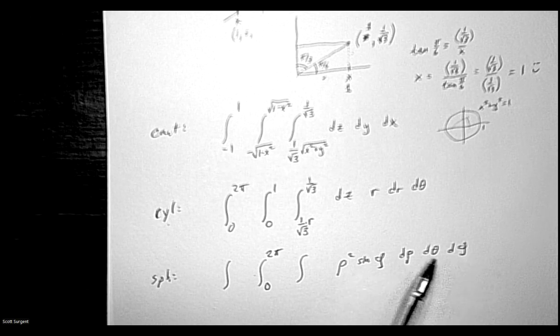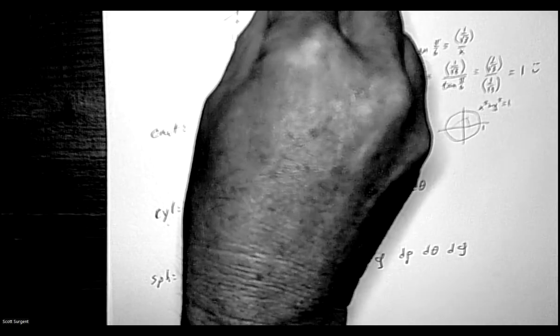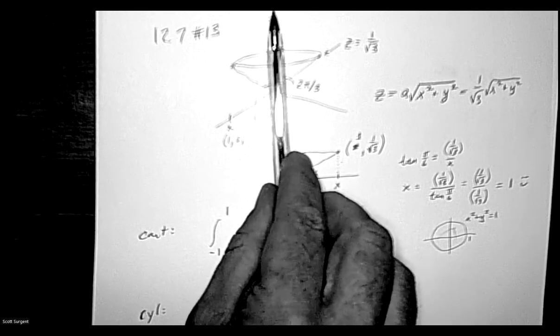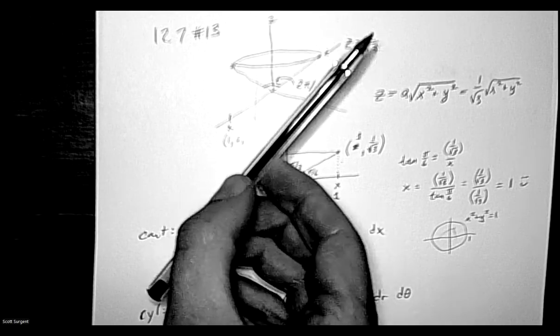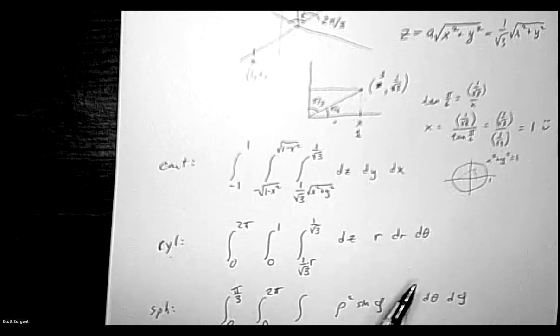The phi we've already got figured out. Phi always starts on the positive z axis and then just leans. So it starts at 0 and leans out to pi over 3, because that's half of the 2 pi over 3.